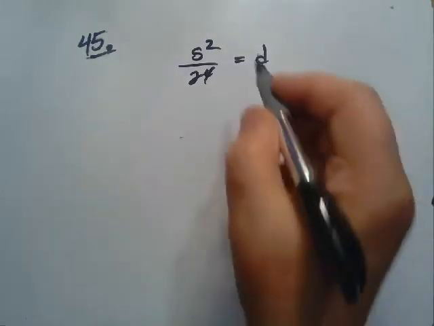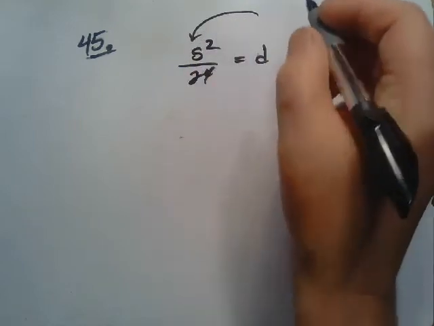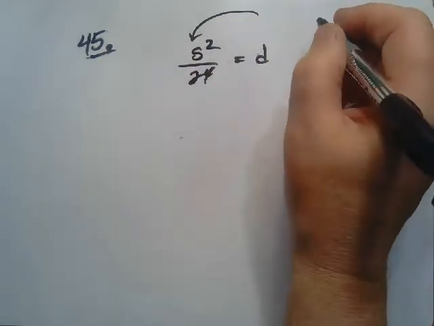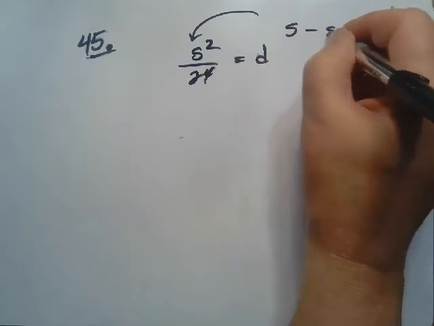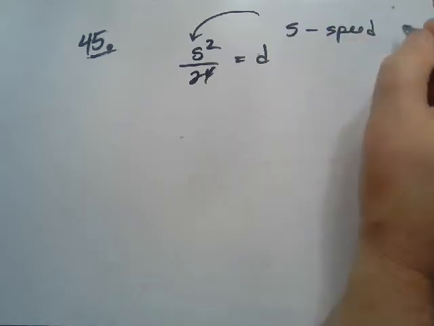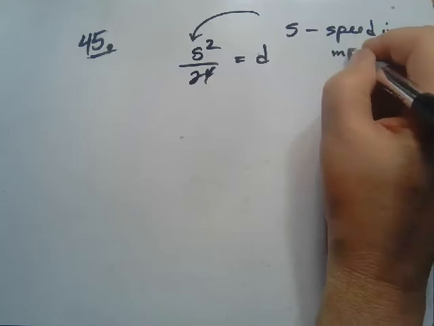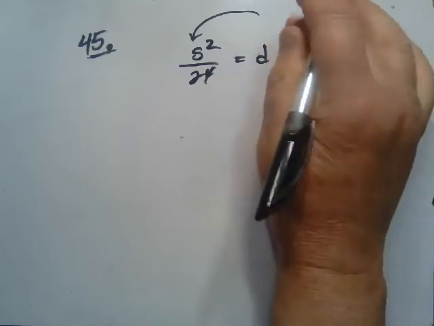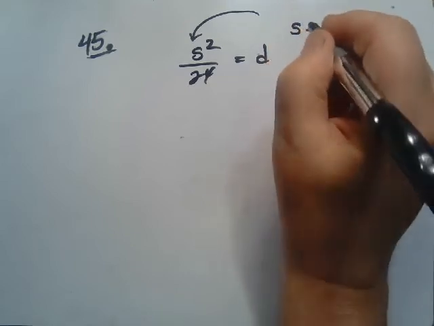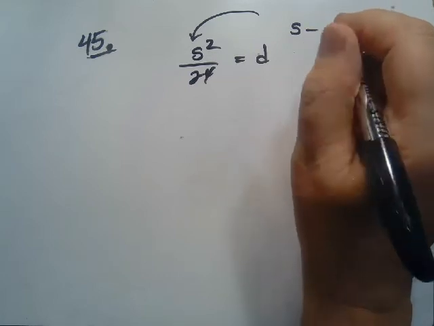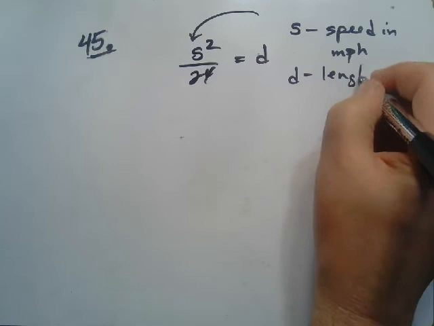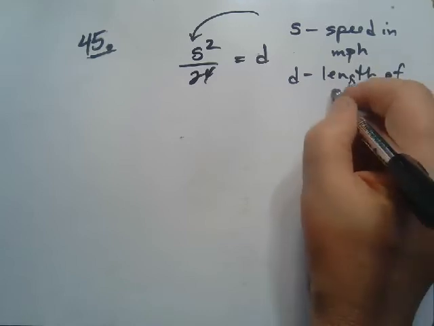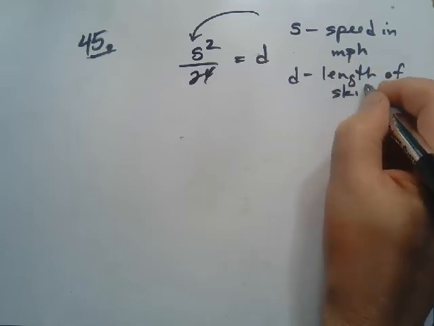In the formula, S represents the speed in miles per hour. S is the speed of the vehicle in miles per hour before they hit the brakes. Okay? And D represents the length of the skid mark. Length of skid mark.